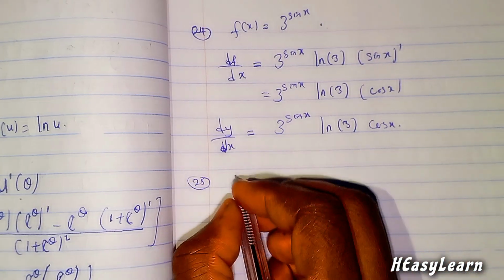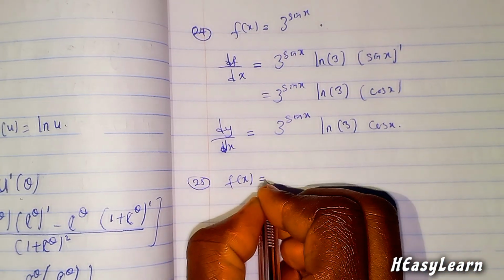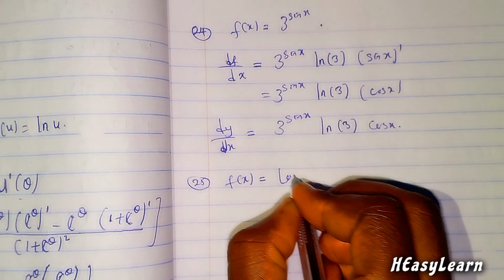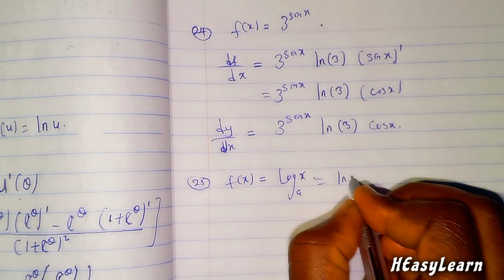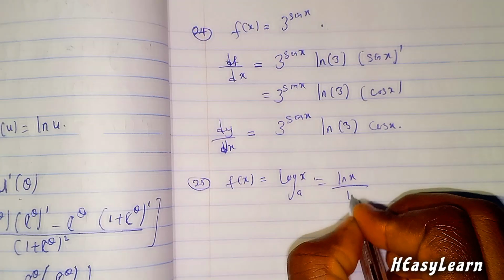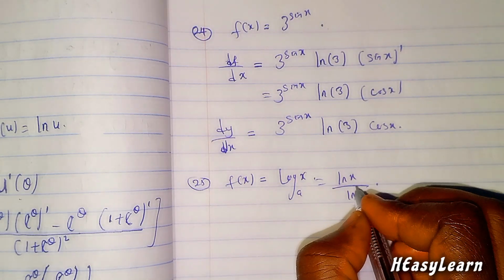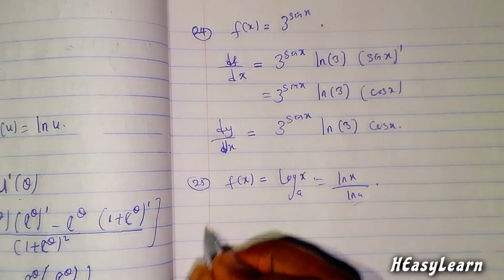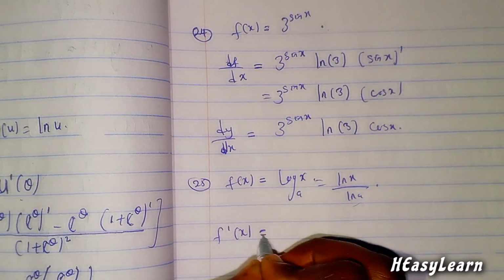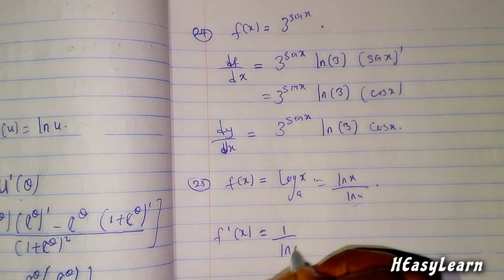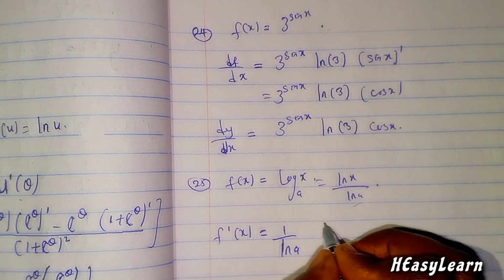What if the function is given to be f of x equals log x to base a? This is the same thing as ln x over ln a, a quotient of two functions. So to find the derivative of this function, remember that 1 over ln a is a constant.